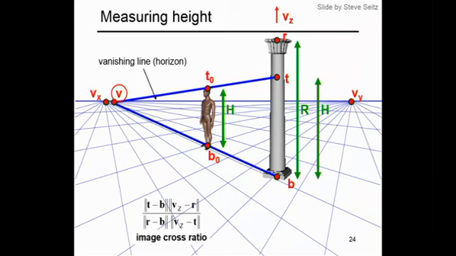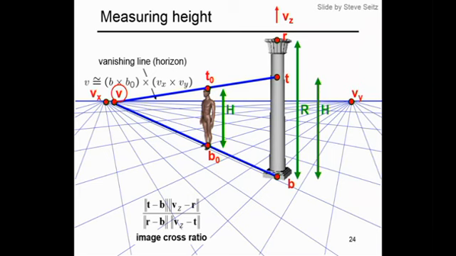Just as a note, you can compute these equations pretty simply using cross products if you're representing your points and lines in homogeneous coordinates. The point V is just B cross B naught cross Vx cross Vy, because B cross B naught gives you a line through B and B naught.